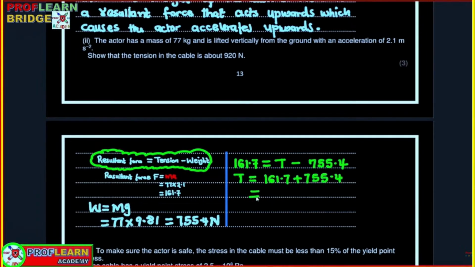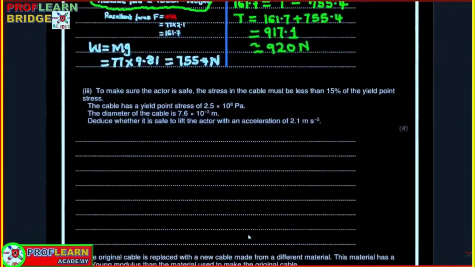So tension is going to be 161.7 plus 755.4 newtons. So we add the two. Tension is approximately 917.1 newtons, which is approximately 920 newtons as it was mentioned there.